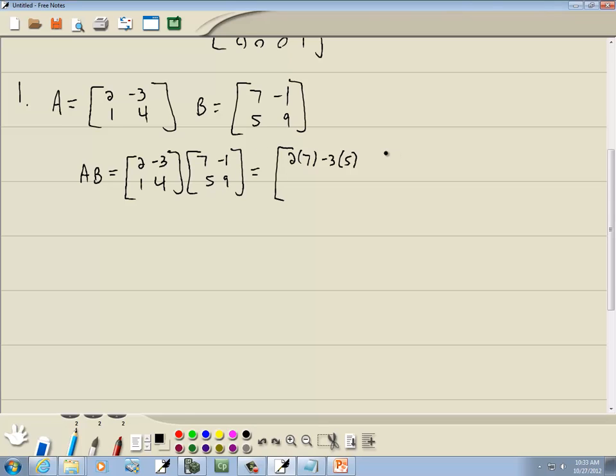So 2 times negative 1, negative 3 times 9. And we'll apply this row times this column. 1 times 7, and 4 times 5. Then we'll apply this row times this column. So we've got 1 times negative 1, and 4 times 9.